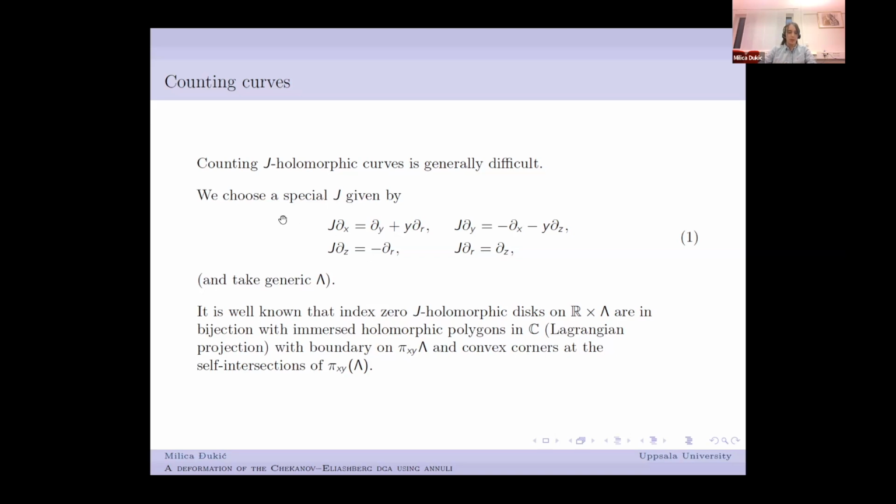And now what is special about this J almost complex structure is that Lagrangian projections are actually holomorphic curves. And it is well known that index 0 J-holomorphic disks on these cylinders are in bijection with immersed holomorphic polygons in the Lagrangian projection with convex corners and boundary on the projection of the knot.